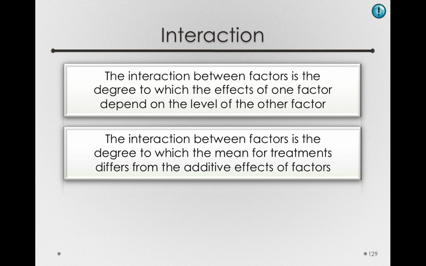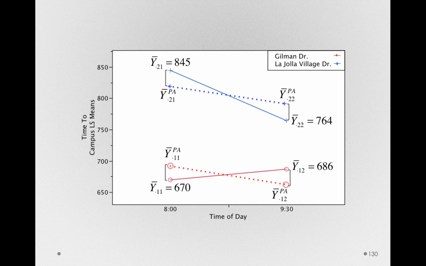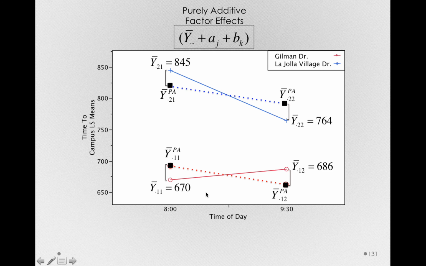And let's remember what the additive effect of factors is. If we simply look at the margins, at the overall effect of time of day and route, and then add up those marginal effects, that gives us the purely additive means. And we have deviations between the purely additive means and our actual group means. And that deviation will yield the AB terms.